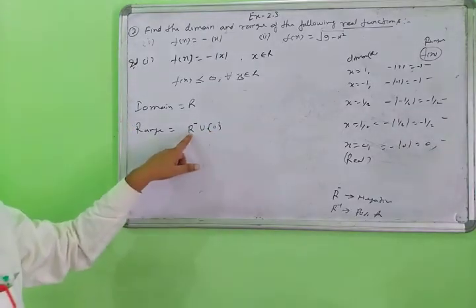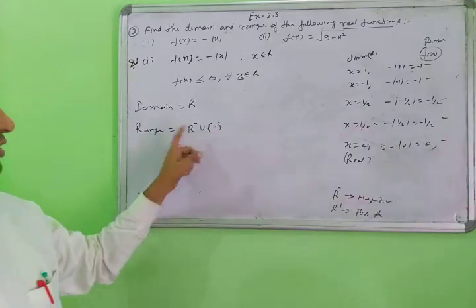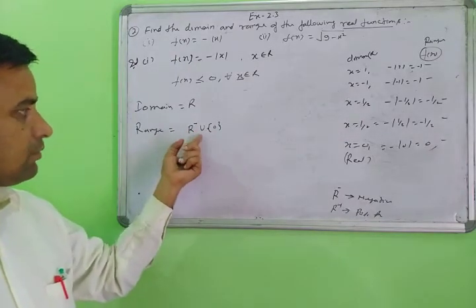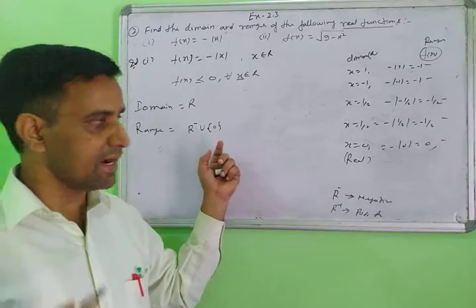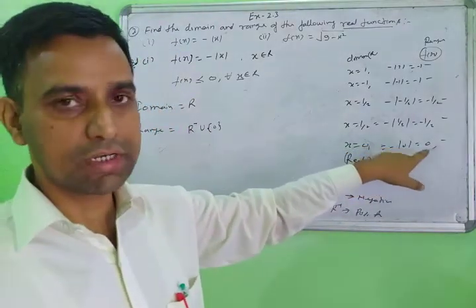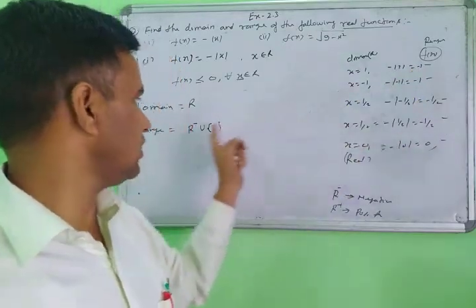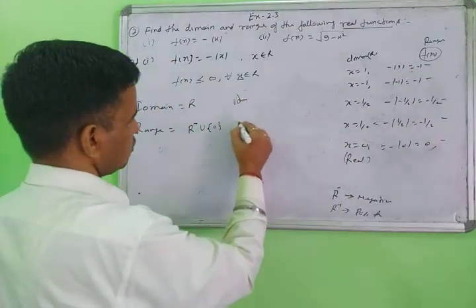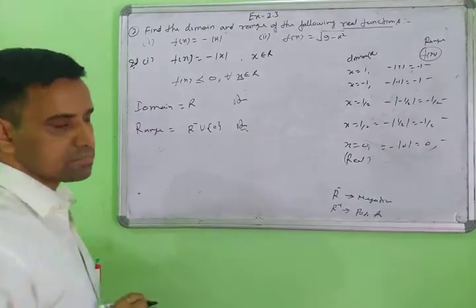All negative numbers union 0 is your range. Union means add, so 0 is also included. 0 is neither negative nor positive, so it is included here. This is your answer: the domain and the range.